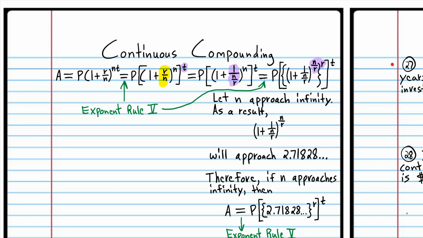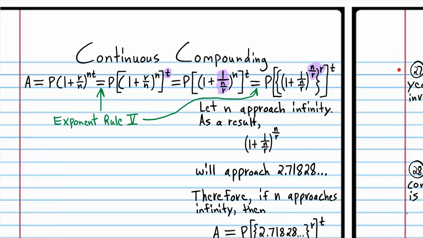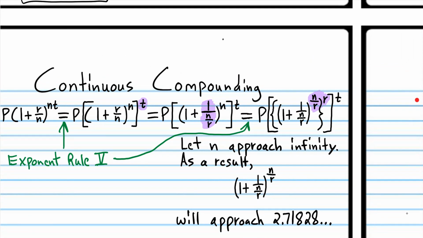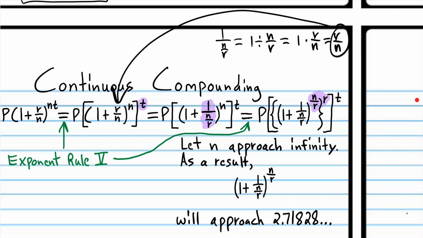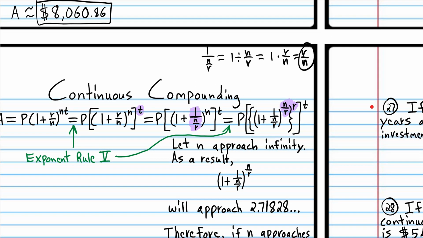So we start with this fraction, and if we want to make it complex, we can turn it into that expression there, because 1 over n over r is the same thing as 1 divided by n over r, which is the same thing as 1 times r over n, which is the same thing as r over n. I know that's very tricky, but sometimes mathematicians do that.